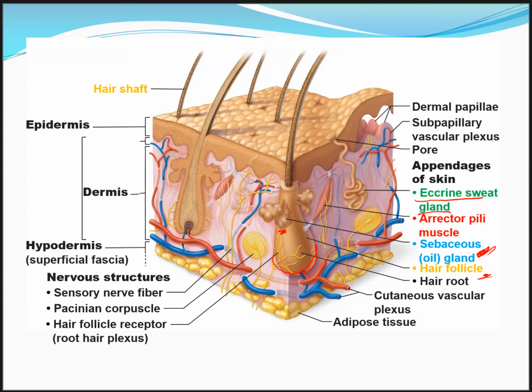And if you look at the hair shaft itself, the hair shaft is the region of hair present above the skin. So the shaft is what you see over the skin surface. So the hair itself is an epithelial structure which consists of a root which is buried in the skin and the shaft that you see on the surface of the skin.